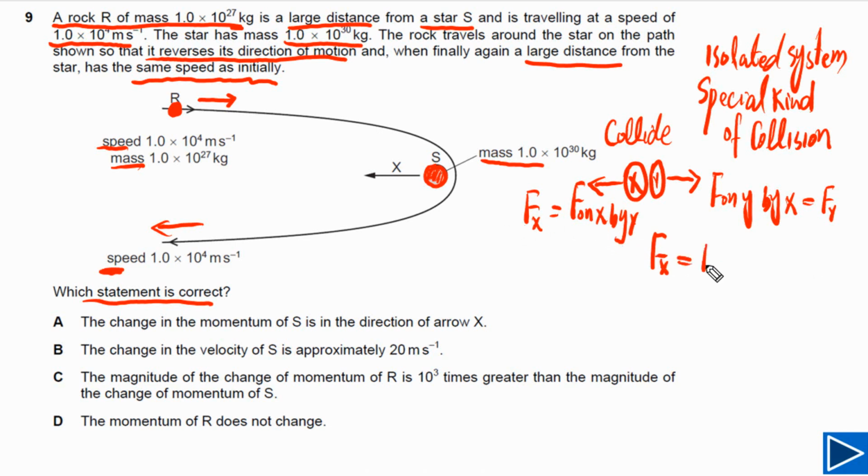We can simply say Fx is equal to Fy in magnitude, even though the directions of the force on these two objects are different.